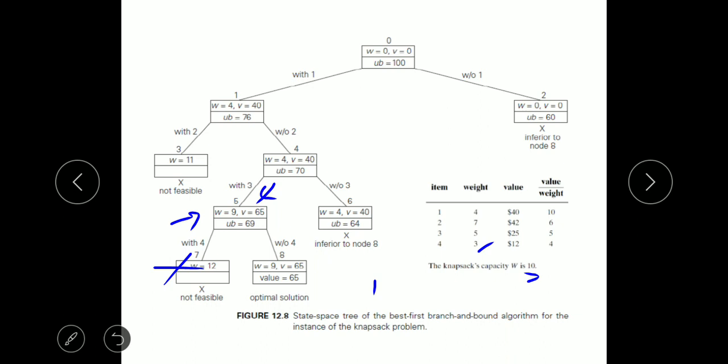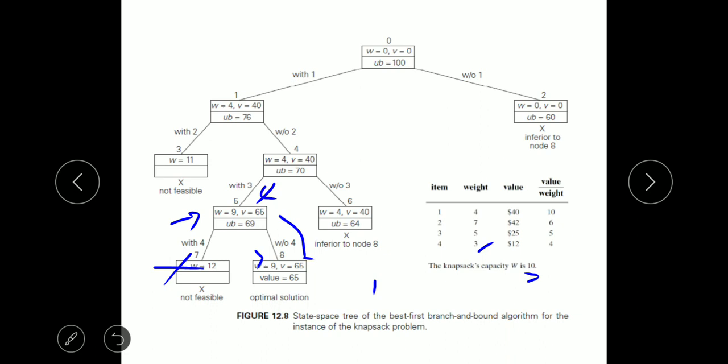So we then go for the possibility of checking without including item 4 into the knapsack, what could possibly be our upper bound. When you are not including the item itself, then the weight remains as it is. Weight is equal to 9, and the profit also remains as it is, that is equal to 65. So now apply the formula.